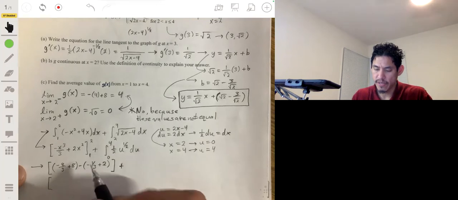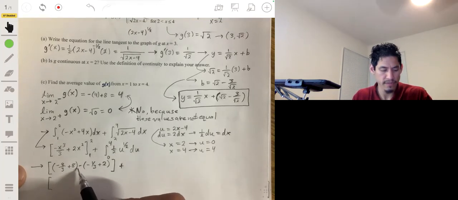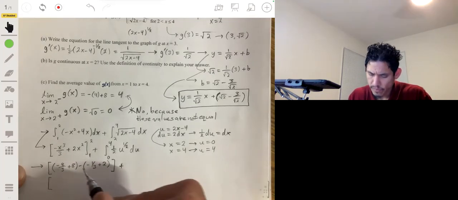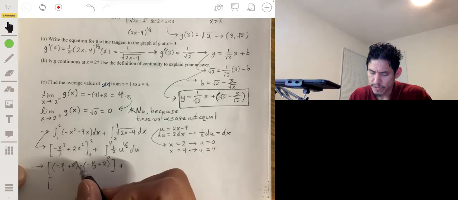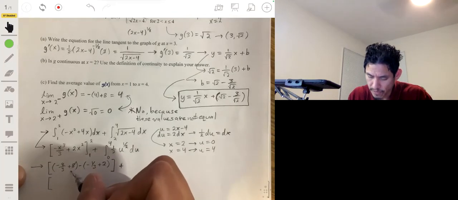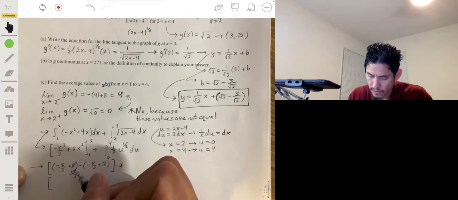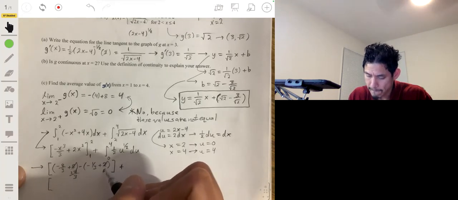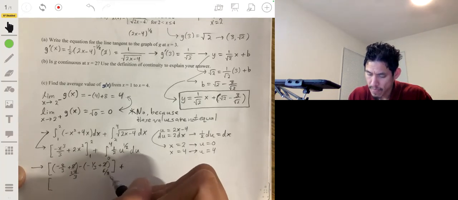So then negative 8/3. Let's change them all to thirds: 2 times 4 is 8, which is 24/3, and 2 is 6/3.